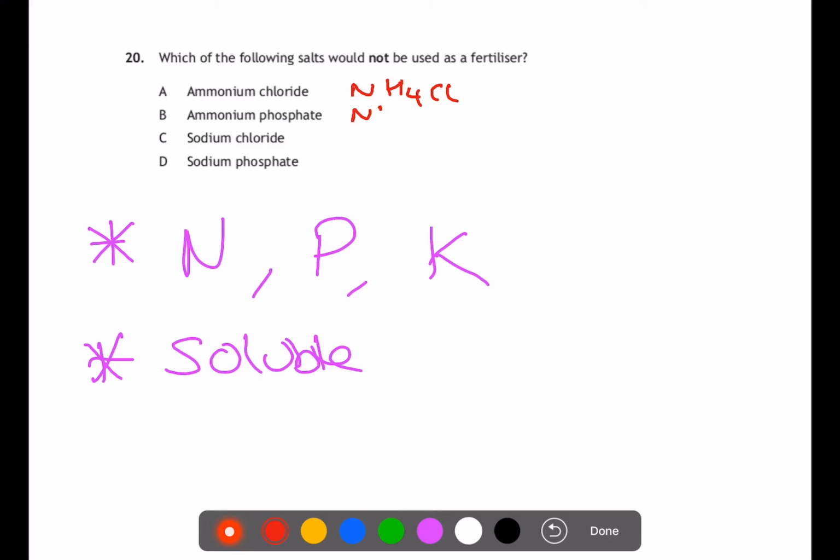Ammonium phosphate is (NH4)3PO4. Sodium chloride is NaCl, and sodium phosphate is Na3PO4. So we can see that ammonium chloride has nitrogen, ammonium phosphate has nitrogen and phosphorus, sodium chloride has none of the three elements, and sodium phosphate has phosphorus. Therefore, sodium chloride would not be used as a fertiliser.